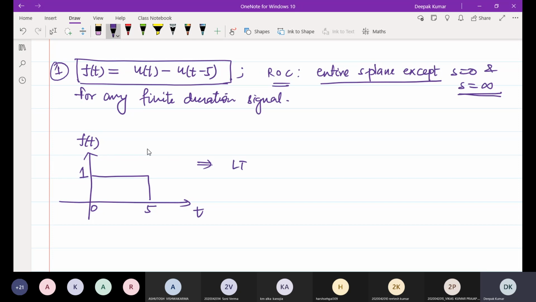To find the Laplace transform of f of t, we integrate from minus infinity to plus infinity f of t e to the power minus st dt.